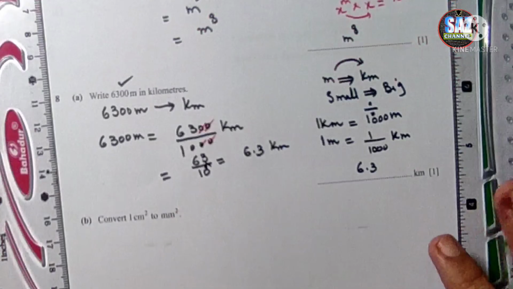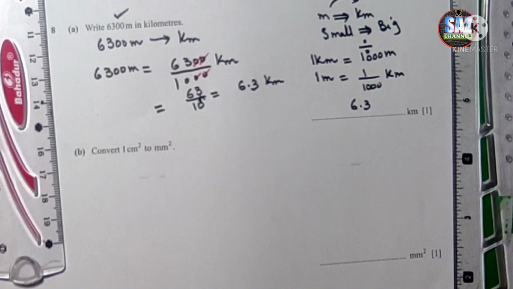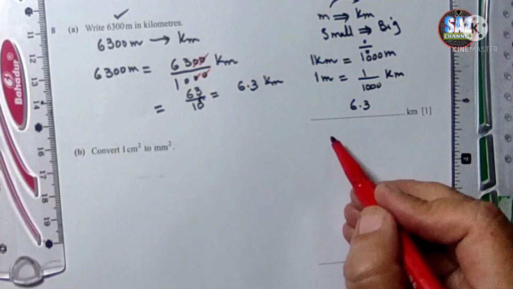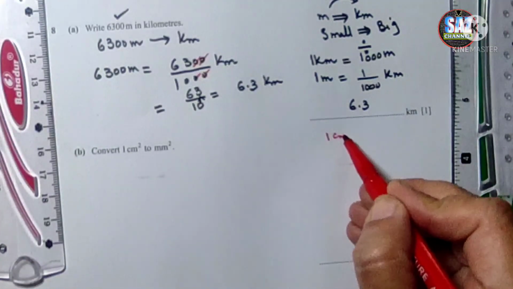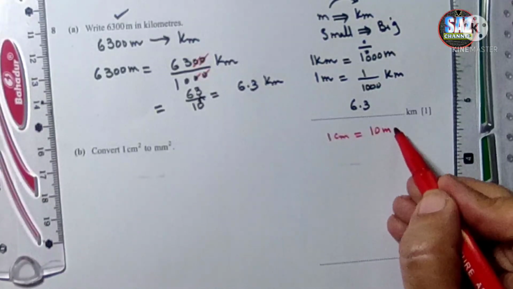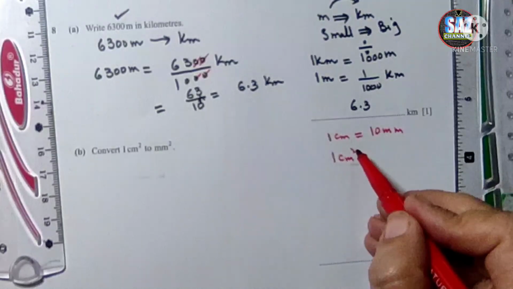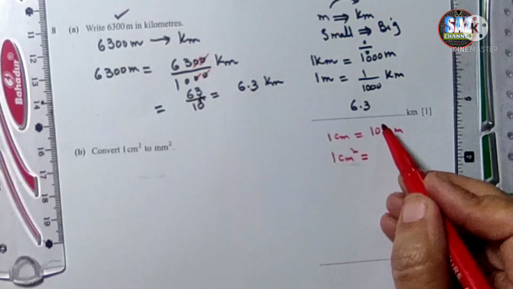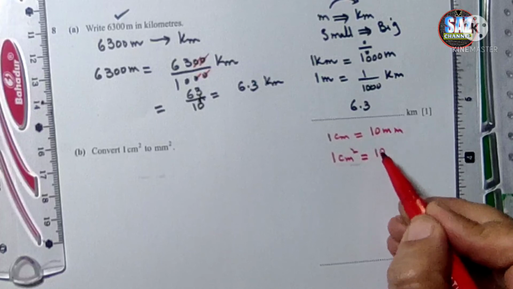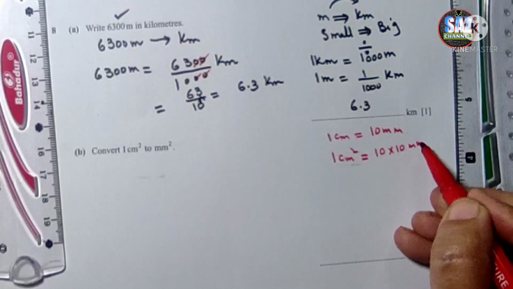Moving to the B part. The question says I have to convert 1 centimeter square to millimeter square. First of all, I should have command on the conversion rules: 1 centimeter holds how many millimeters? 10 mm. And 1 centimeter square, as we have power 2, means we have to multiply this number by itself: 10 multiplied by 10 millimeter square.